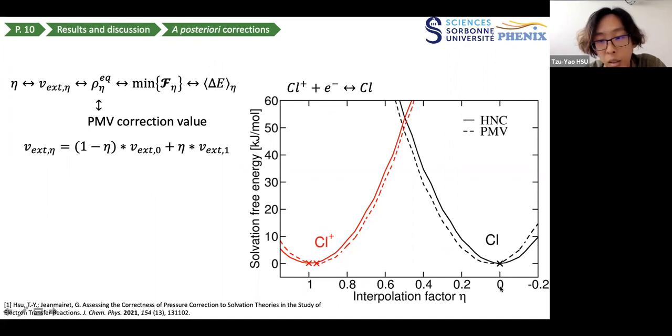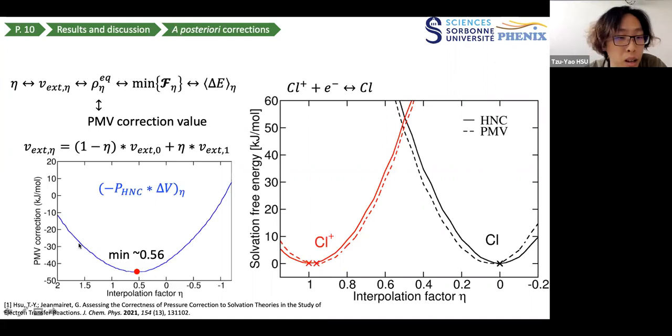When eta equals 0, it represents the equilibrium solution of the chlorine atom. And when eta equals 1, it indicates the equilibrium solution of chlorine plus iron. So we can see that upon applying the PMV correction, the minimum no longer corresponds to the equilibrium solution. And again, it violates the variational principle.